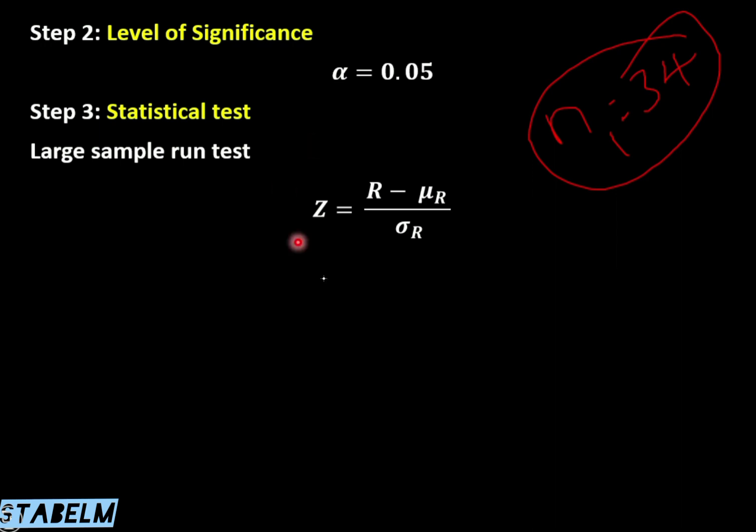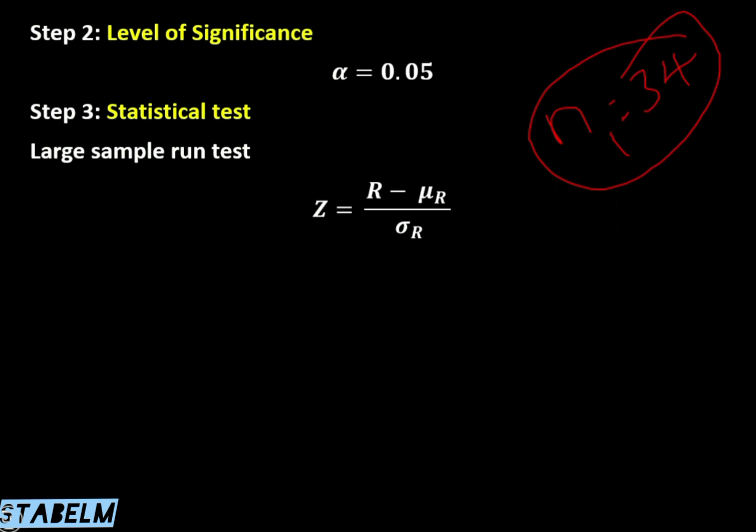This is our standard normal, which is approximated for the run test, where R is the number of runs, with the mean mu R for the runs and the standard deviation for the runs. The first thing we need to do is remind ourselves of the formula for calculating mu subscript R, which is the mean.